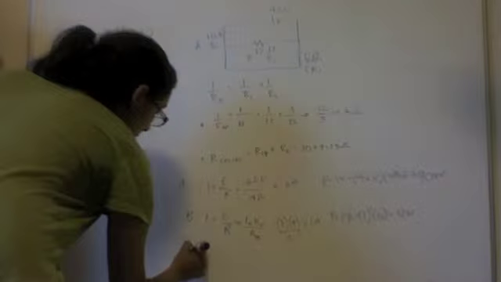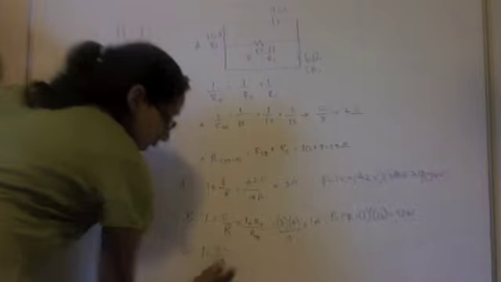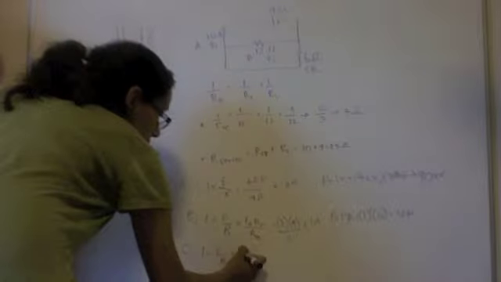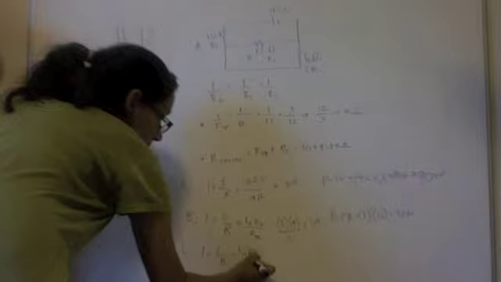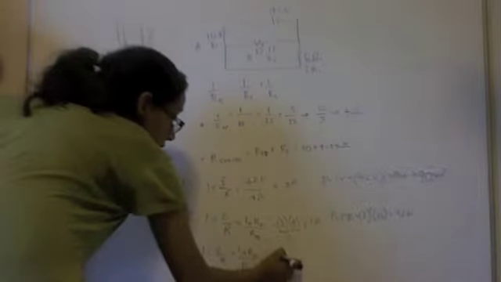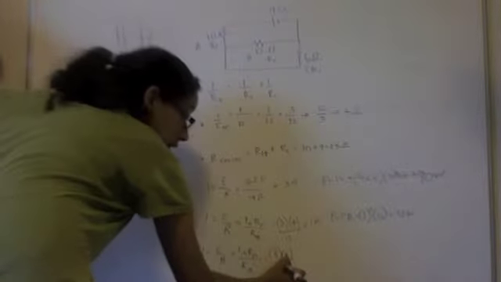Alright, so for resistor C, we're going to do the same thing that we did for resistor B. I is equal to I A times R P over R C. This is going to give you 3 times 4 over 6.